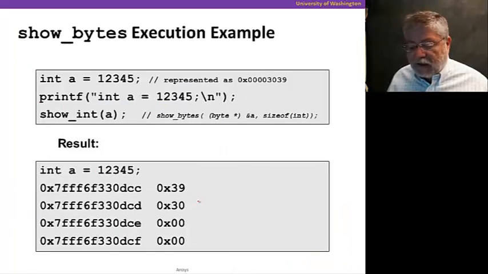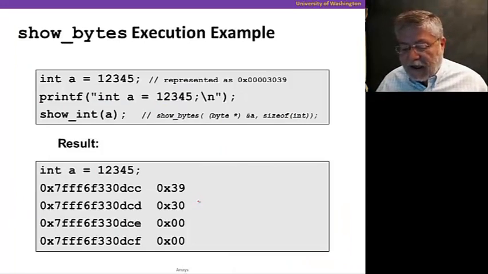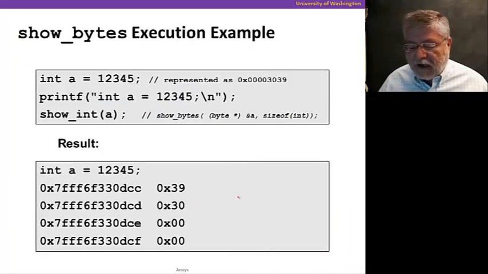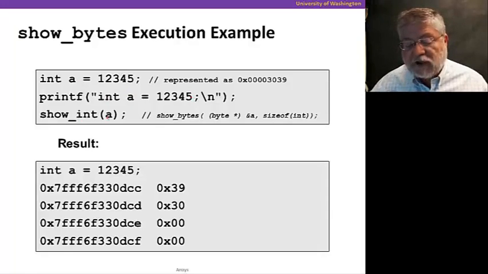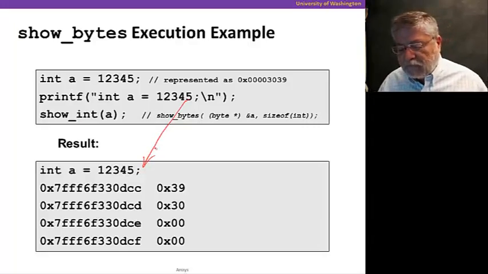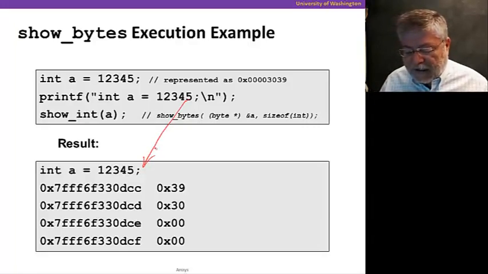Let's take a look at some sample executions of this function. Here we see the function, an integer 12345 being placed in a, and when we call, we'll first print out that statement and then call the function showInt. So here's that first print statement directly from above that prints out the value.